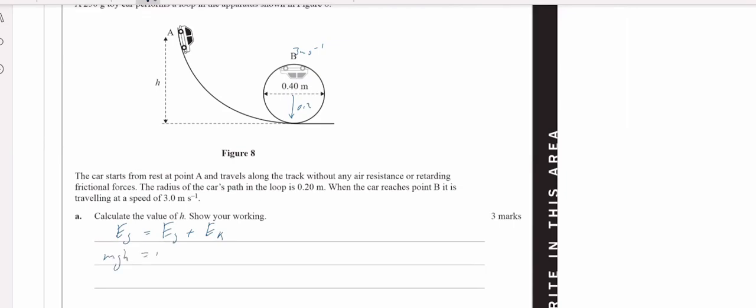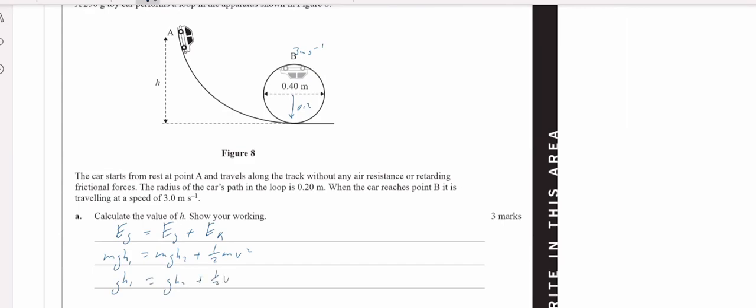So mgh1 equals mgh2 plus half mv squared. Get rid of all the mass.